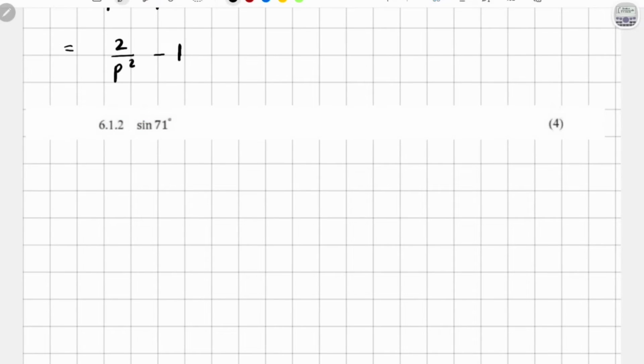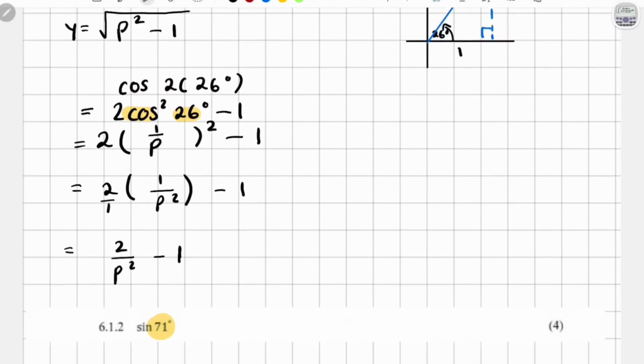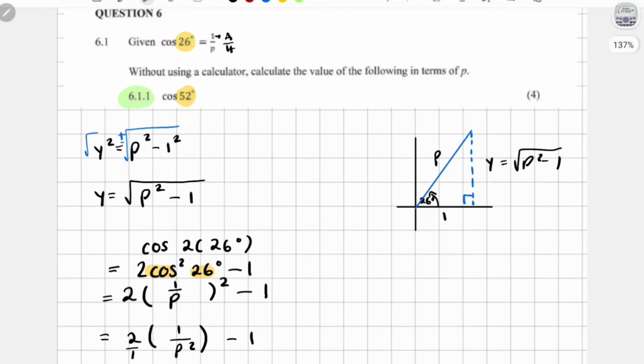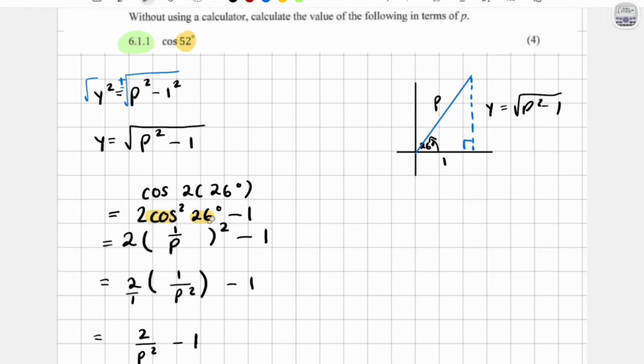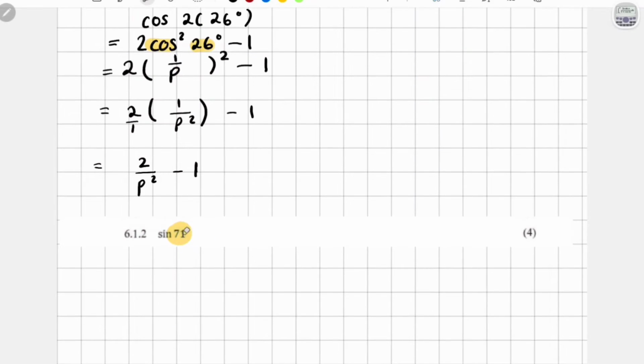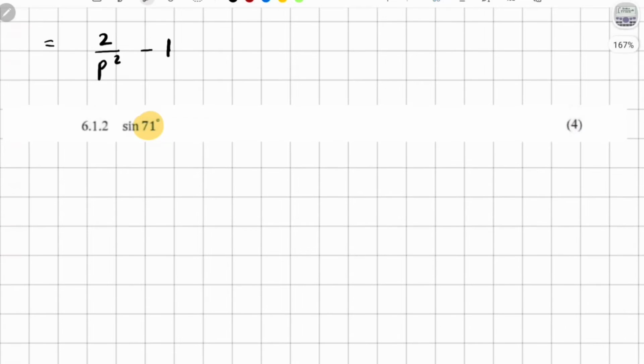Then 6.1.2, we have sine of 71 degrees. Again, we look at the angle and we find out how this is related to 26 degrees. You see in the previous question, it was related to 26 degrees because it was double the size. So that was double angles. But in this one, how is it related? Well, usually when it's an acute angle, my mind goes to, okay, maybe these are cofunctions.